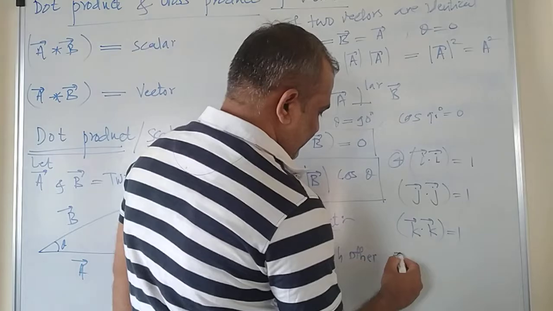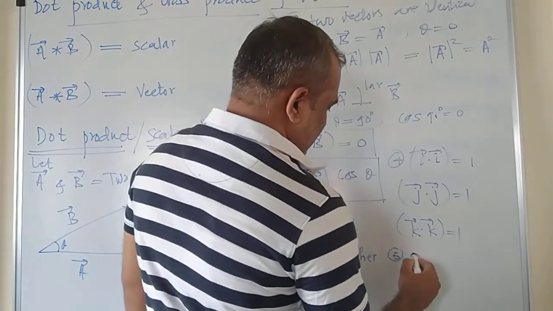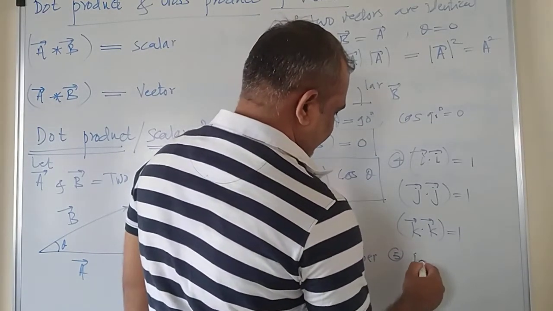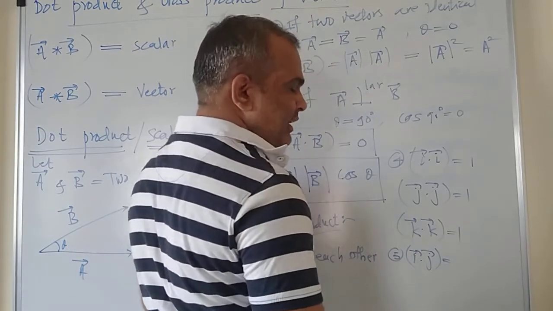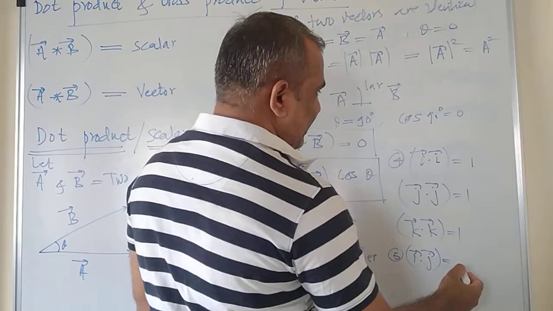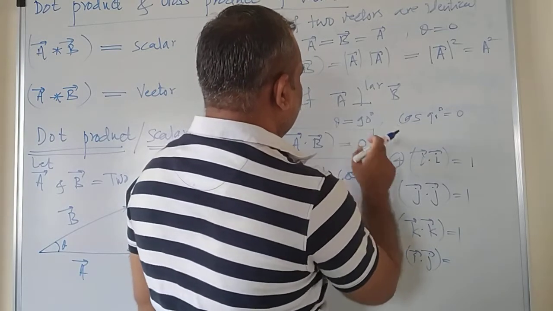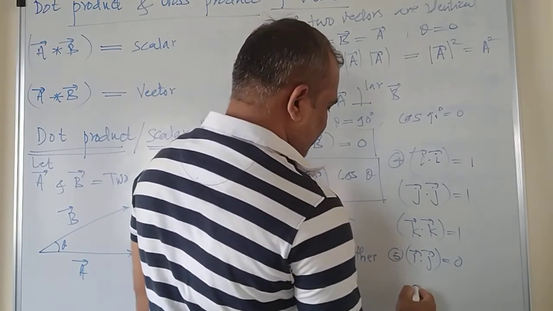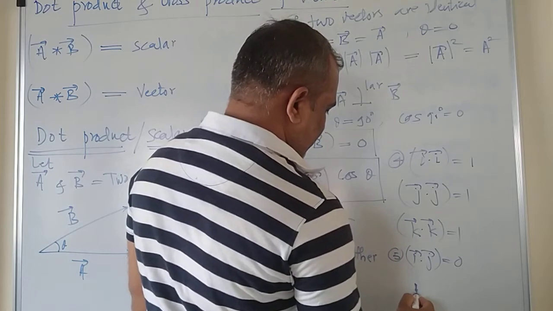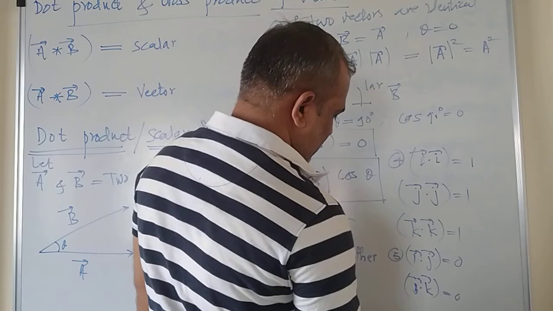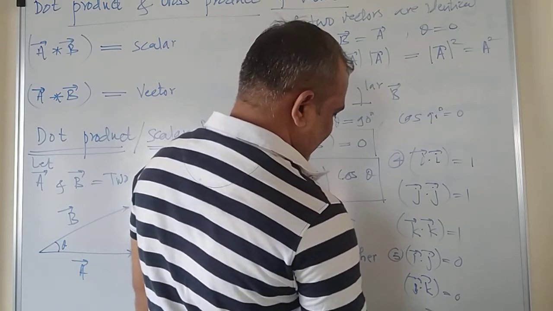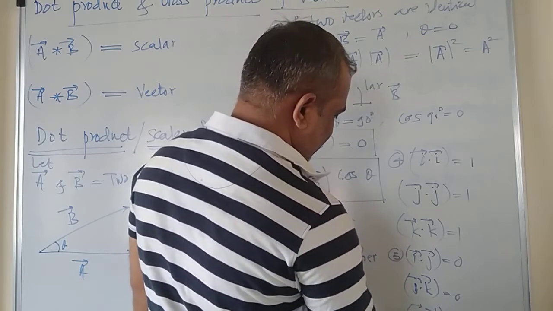Whereas the next, the fifth one: I bar dot J bar, that is the dot product of vectors I and J, both are perpendicular. So the dot product of perpendicular vectors is equal to 0. This will give you 0. So J bar dot K bar will give you 0, and K bar dot I bar will also give you 0.